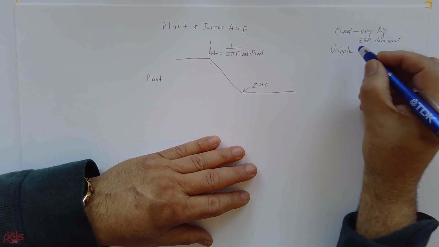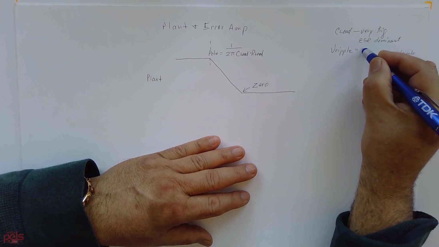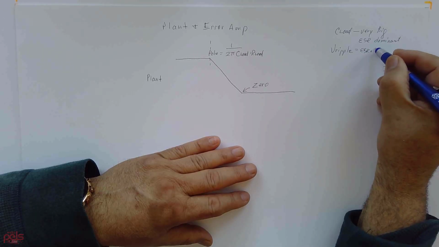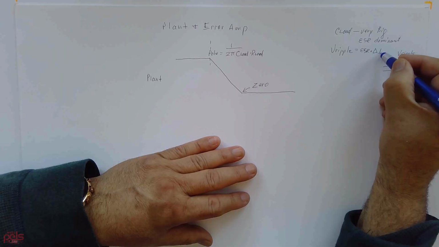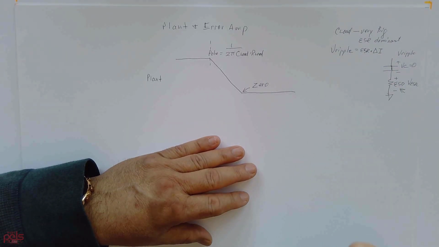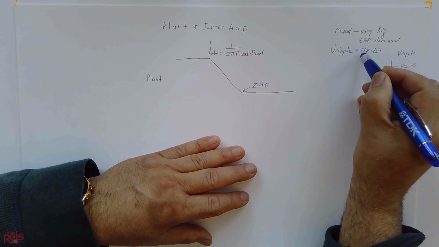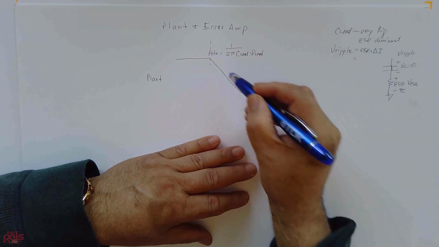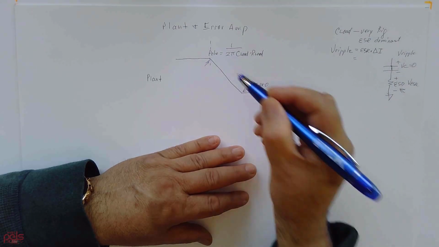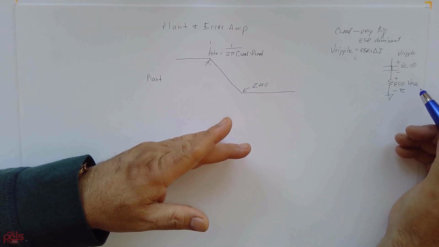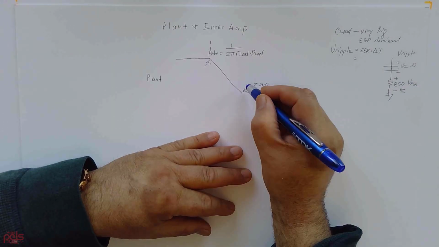The ripple is the value of your ESR times your delta ripple current. But the point is, this is already set, and the ESR is inherent in your capacitors.